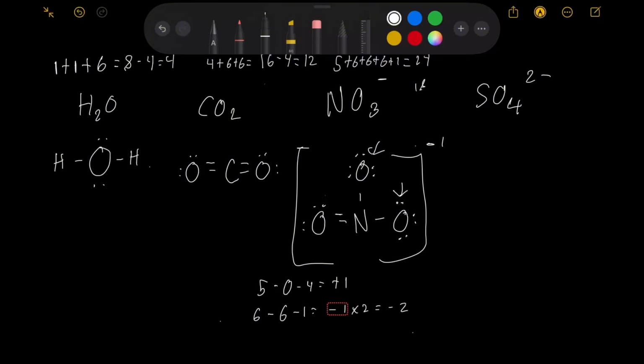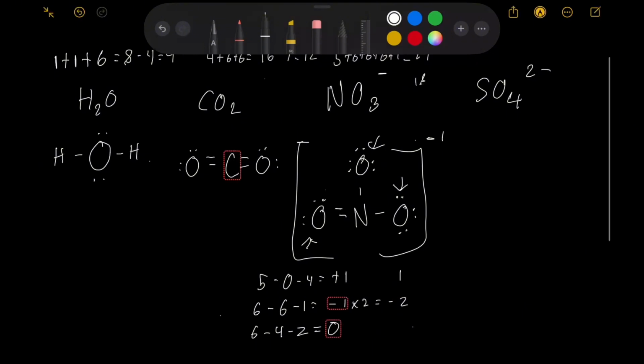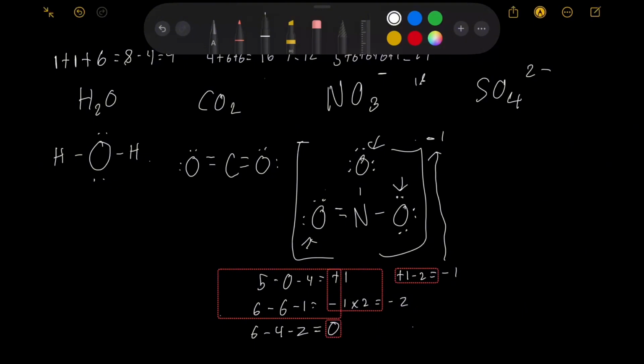Let's look at this oxygen right here. This has 6, minus 4 unpaired, and 2 bonds, equals 0. Now, I think you guys can see where I'm going with this. We add the formal charges, -1 minus 2 equals -1. And this equals your total charge, so you know that this is the correct configuration.